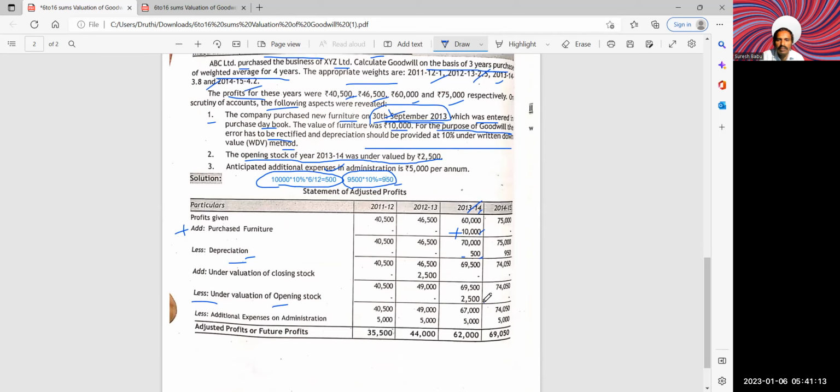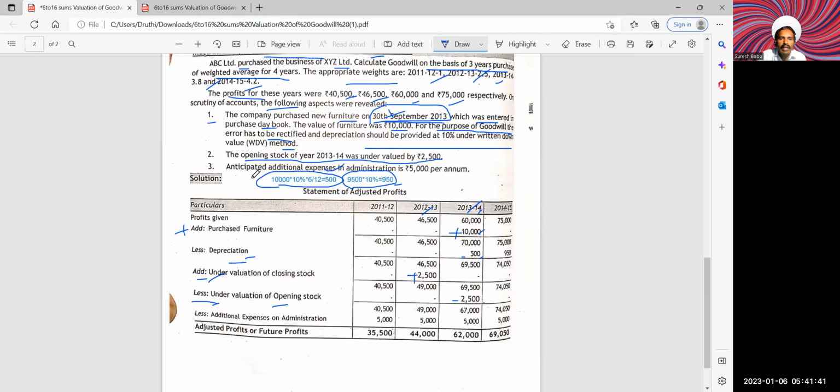So here it is added, here it is subtracted. In 2012-13 it is added, in 2013-14 it is subtracted. Previous adjustment and this adjustment, both try to understand.